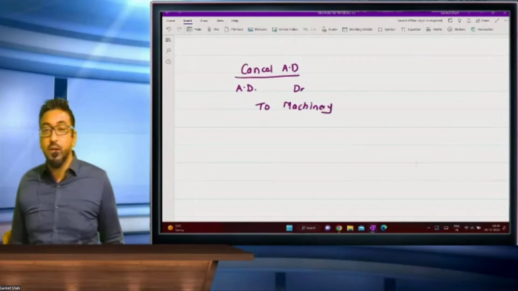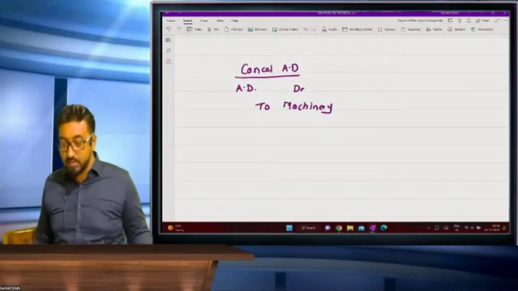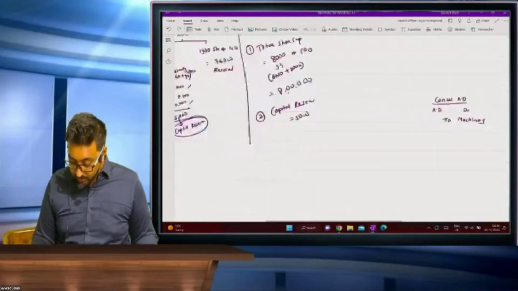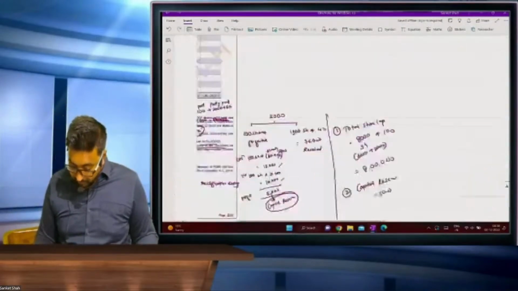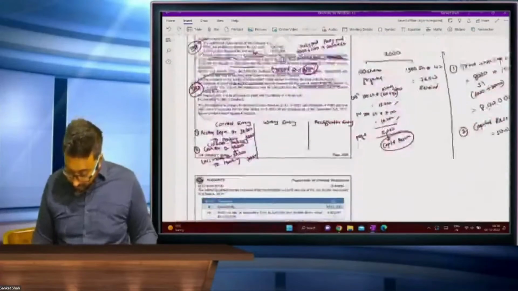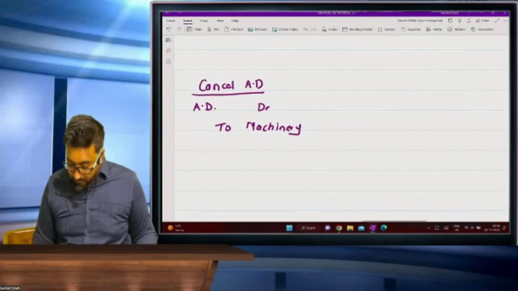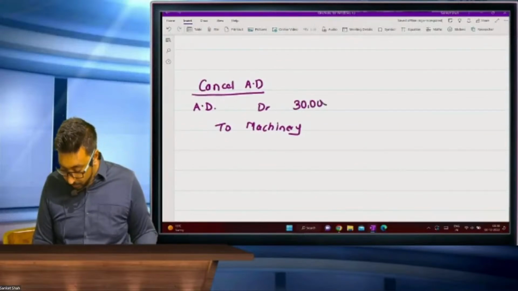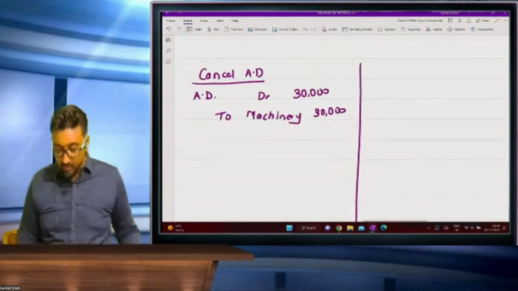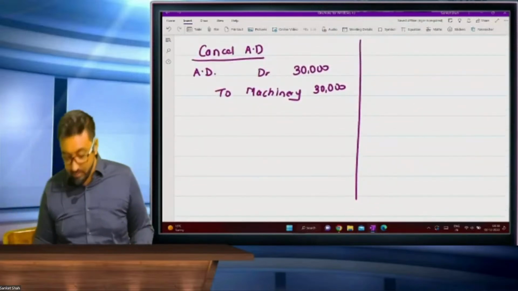So, accumulated depreciation to machinery. So, what is the balance? 30,000. ठीक है.